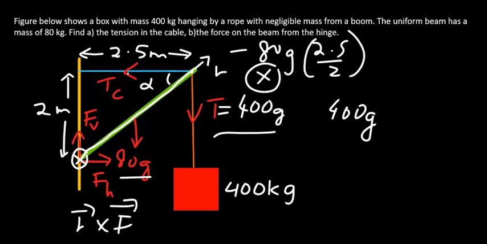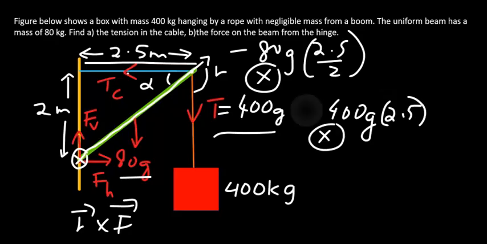So when you curl your right hand fingers from that vector r to that particular force, your thumb is again pointing into the board. Now the perpendicular distance between the 400 G tension and the axis of rotation is this entire 2.5 meter. So it's going to be negative as well because of the direction.